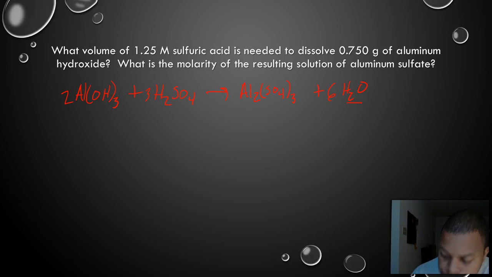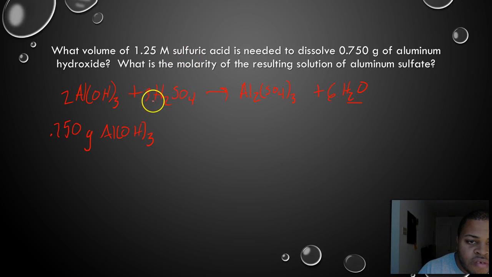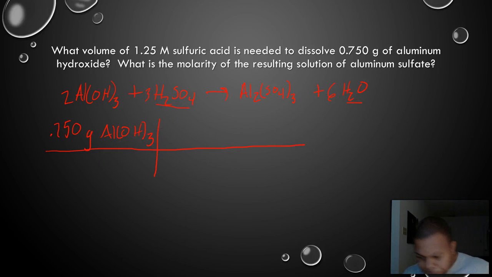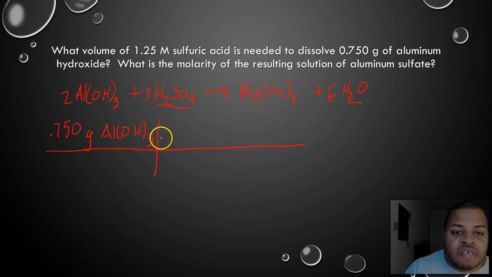All right, so 0.750 grams of aluminum hydroxide, Al(OH)3, and I need to somehow relate this to my sulfuric acid. This is what I'm concerned with first and foremost. So, make my table, and find the molar mass to convert it into moles.